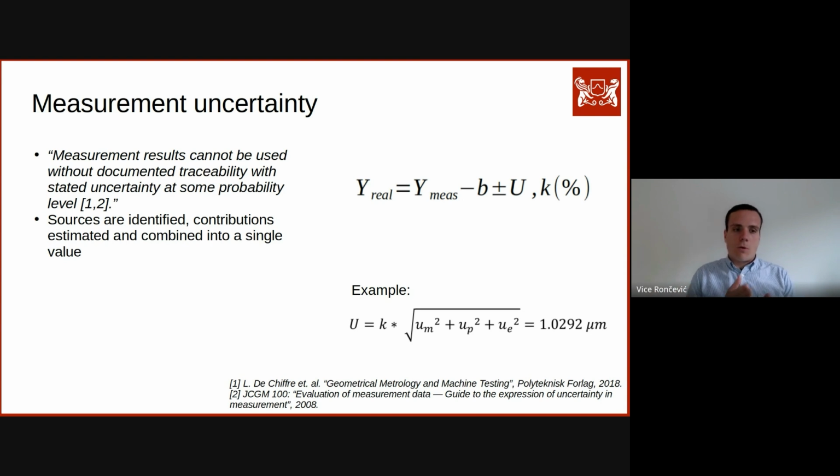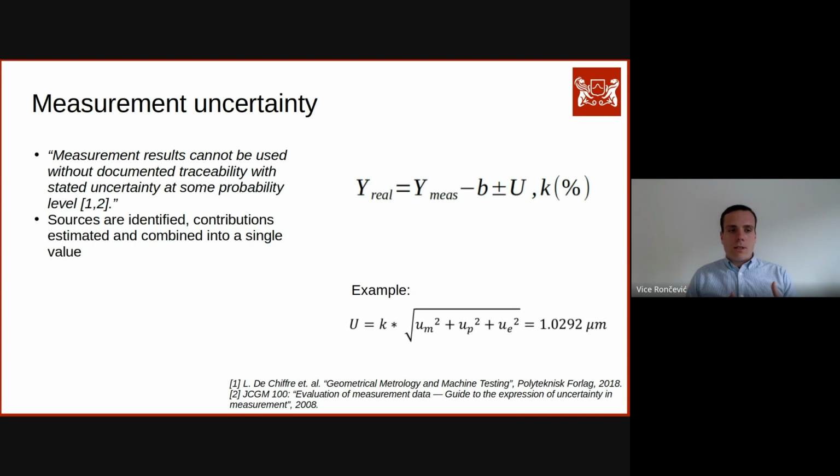Second is the effect from the operator. So you have to take measurements from multiple operators during different shifts, at different times of the day, so you can have a statistical spread and see how much these measurements deviate from person to person performing the measurement.